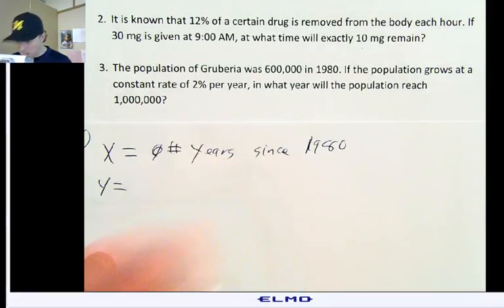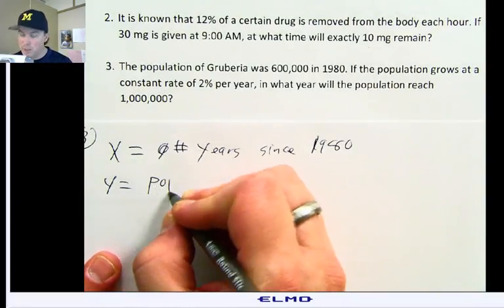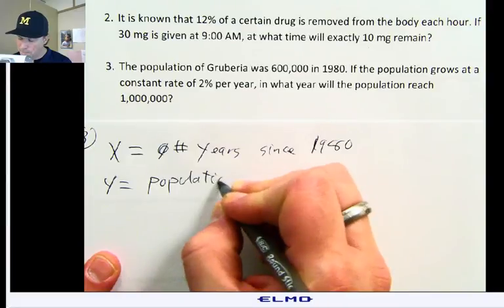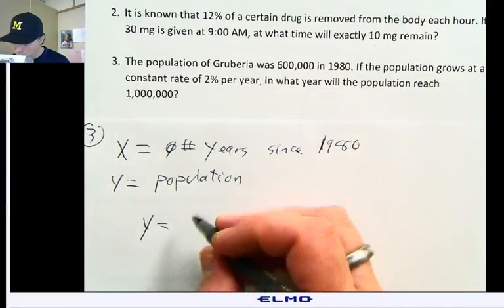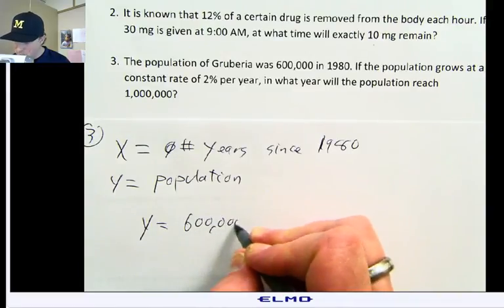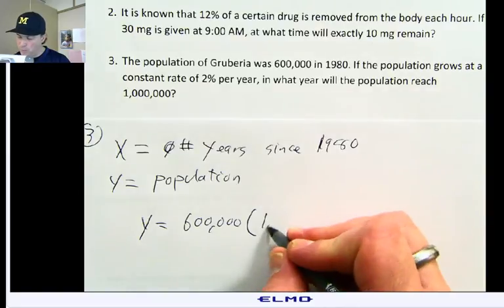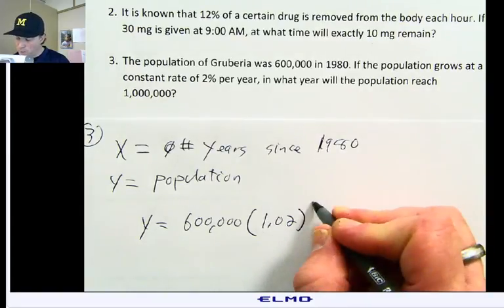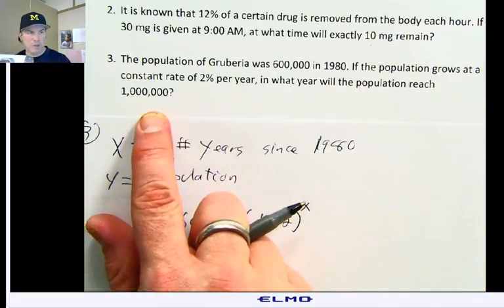And as time moves on, the population changes. So y is population. So y equals our initial population, 600,000, times it's growing at a rate of 2%, so 1.02 raised to the power of x. And I want to know when this population is going to reach 1 million.